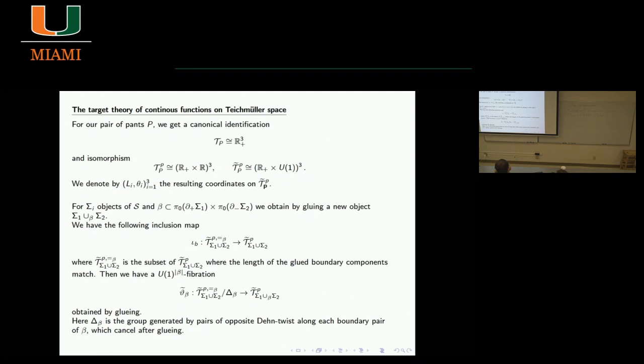But if they do match, I can glue, and I get a hyperbolic metric on the glued thing. So I define the subvariety of Teichmüller space of the disjoint union where the lengths of the boundary component pairs that I want to glue on match. That's what this means. And so I glue and I map to the Teichmüller space of the glued surface.